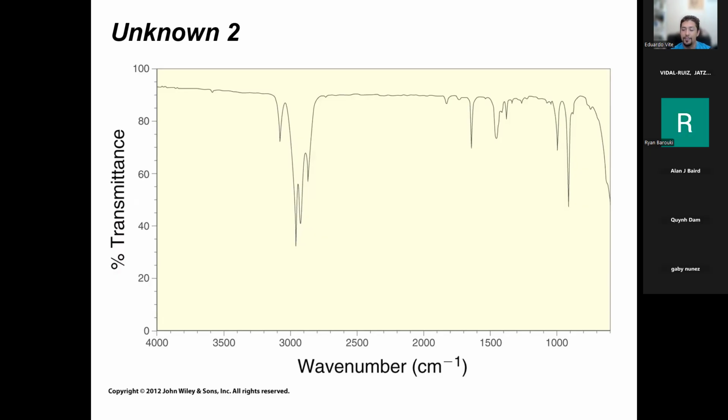What do you guys see here? Ooh, we got two conflicting hypotheses here. We're saying it's probably an sp2 CH stretch or a secondary amine. Which of the two is it?